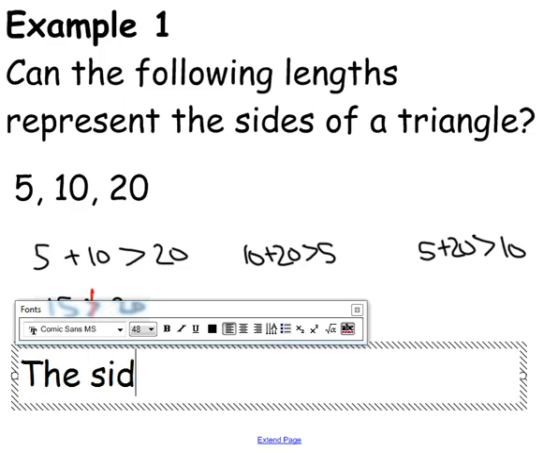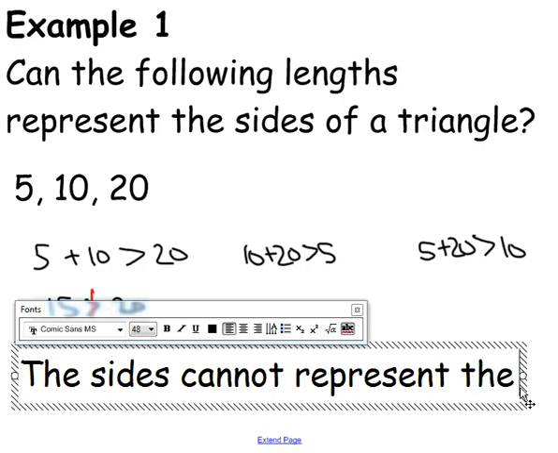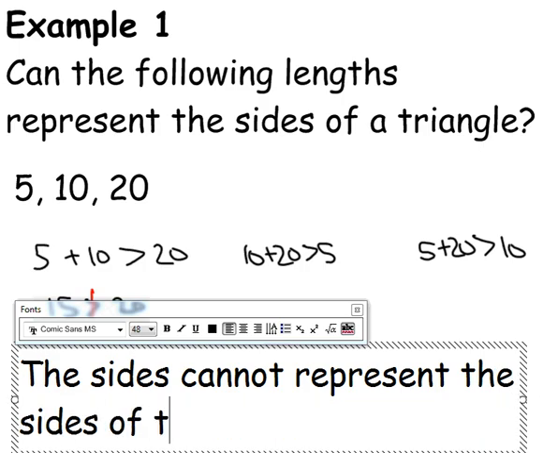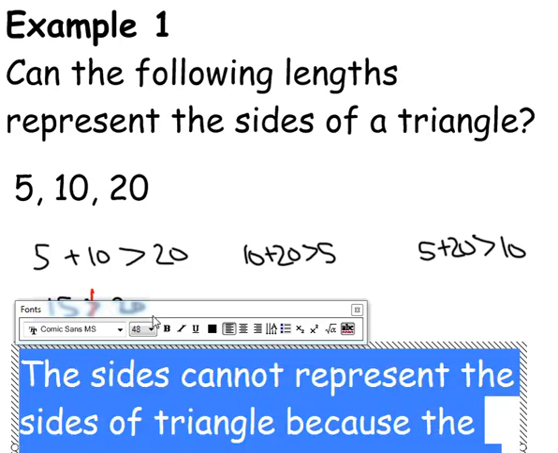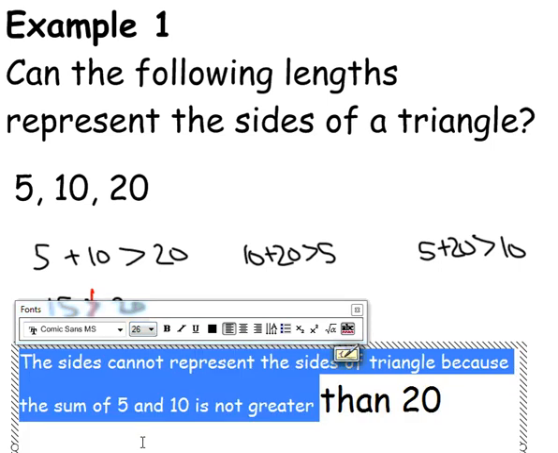The sides cannot represent the sides of a triangle because the sum of 5 and 10 is not greater than 20. Let me just make that smaller font.